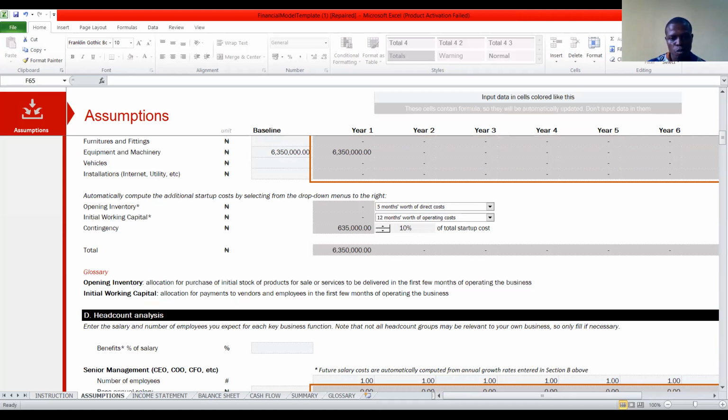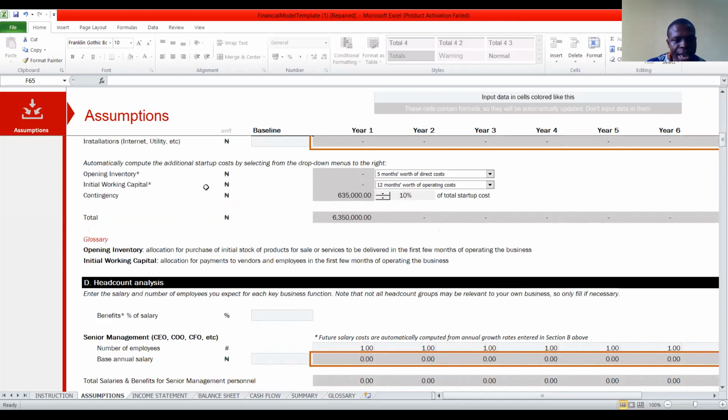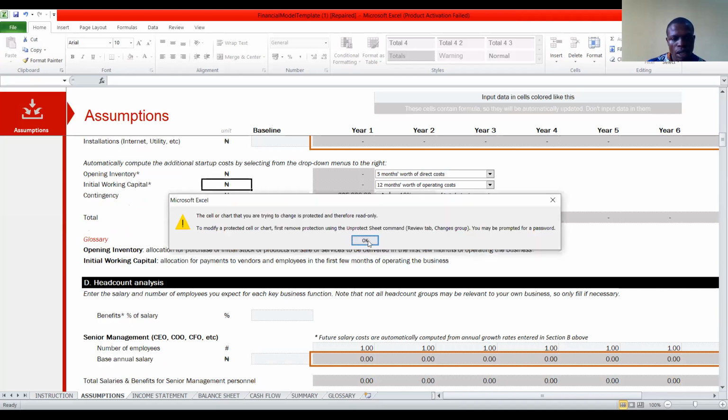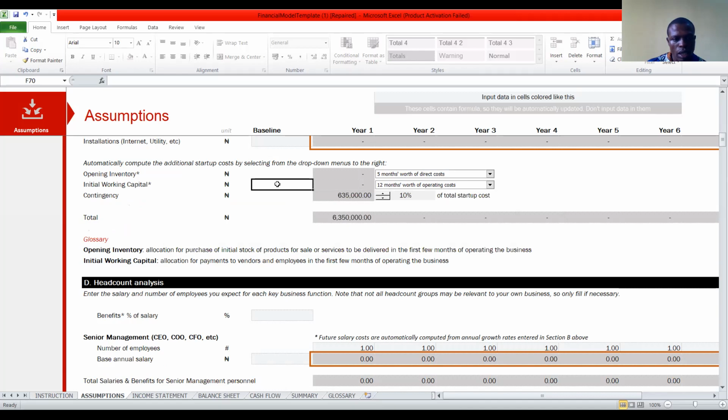So you come here, this is your working capital, 1,923,900.